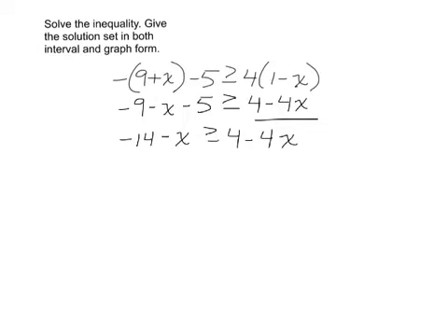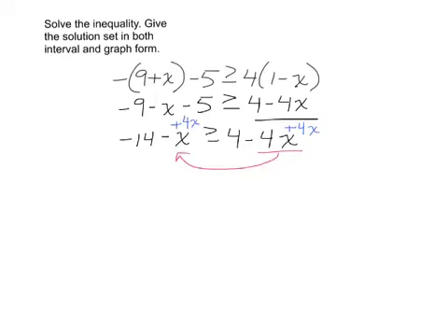Okay, so at this point we want to get all the x's to one side. So let's move this x over to this side. To do that, like we've always done, we're going to add 4x to both sides.